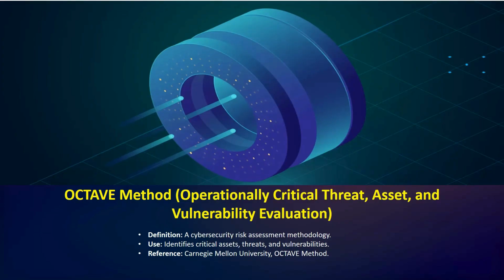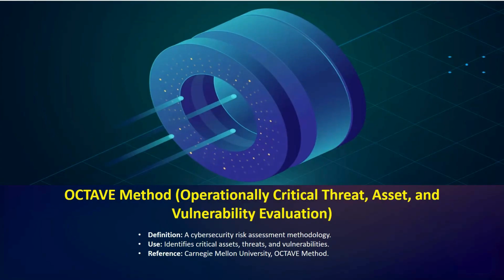So next we have the OCTAVE method. This stands for Operationally Critical Threat, Asset, and Vulnerability Evaluation. This one is specifically for cybersecurity risk assessment. It's an excellent example of a risk framework tailored to a particular domain.